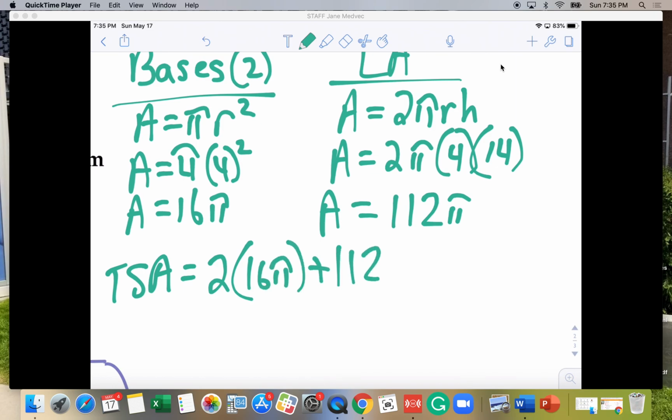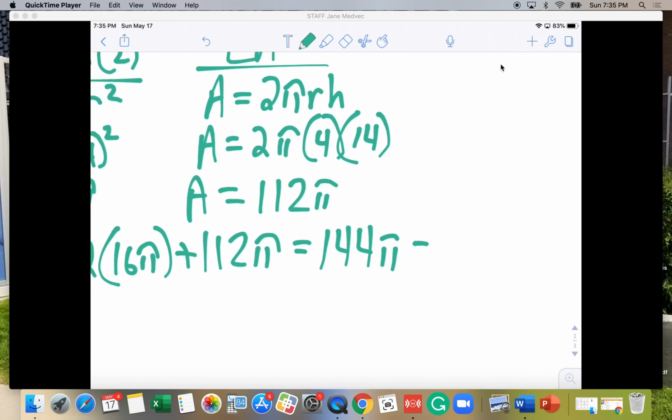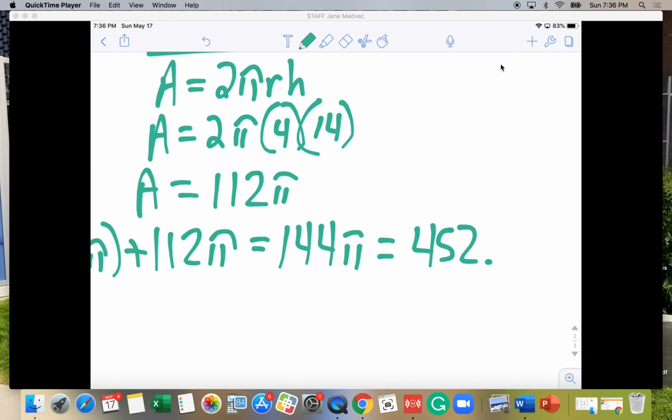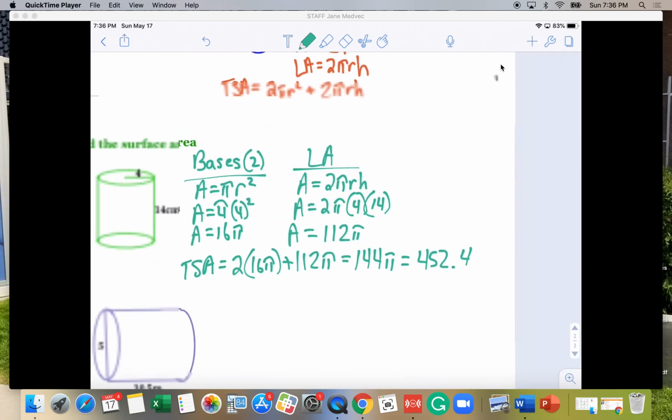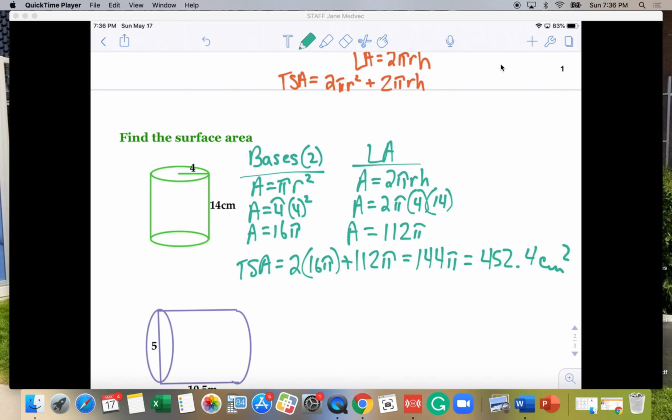plus 112 pi. And so that would be 16 plus 16 plus 112 gives me 144 pi, or go ahead and use your pi key and you get 452 point, we'll say 4, and it is centimeters squared.